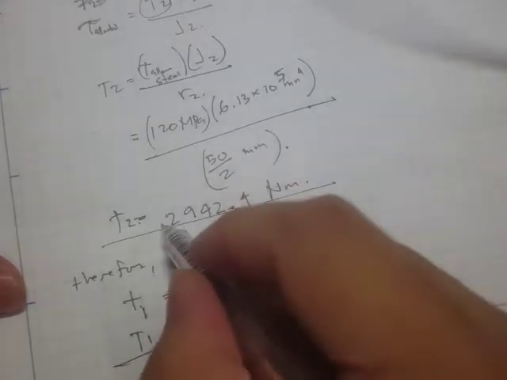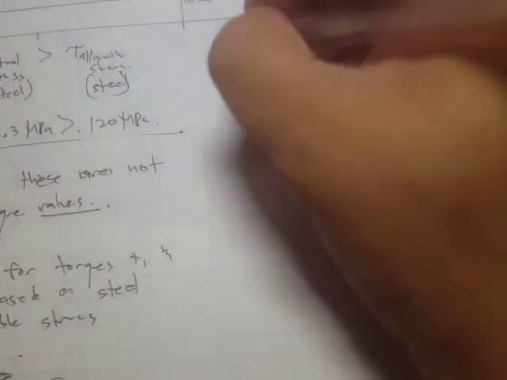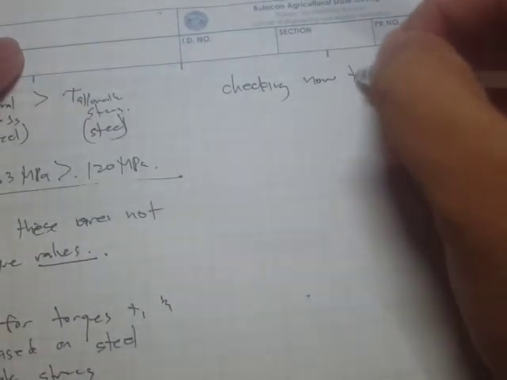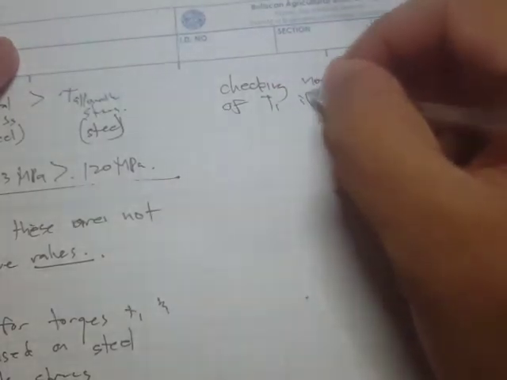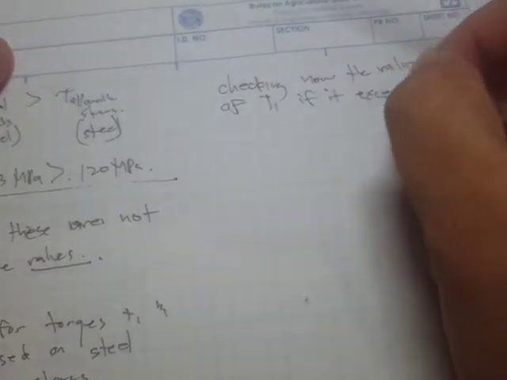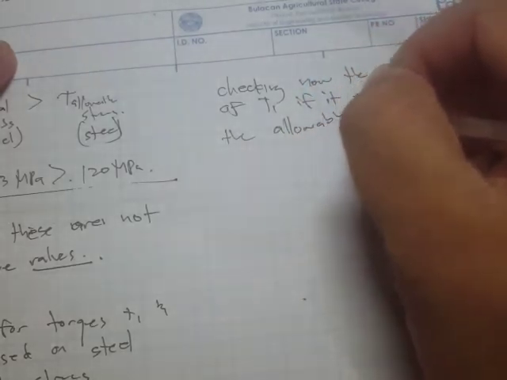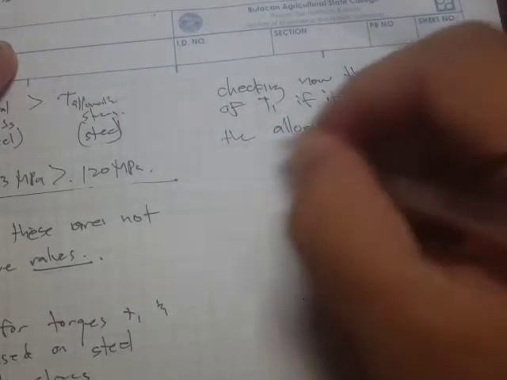So we have T sub 1, T sub 2. Now let's check whether the value of T sub 1 exceeds the allowable stress for aluminum.